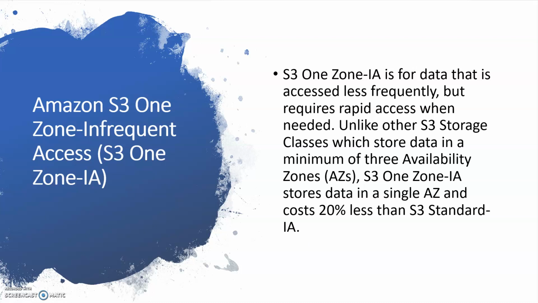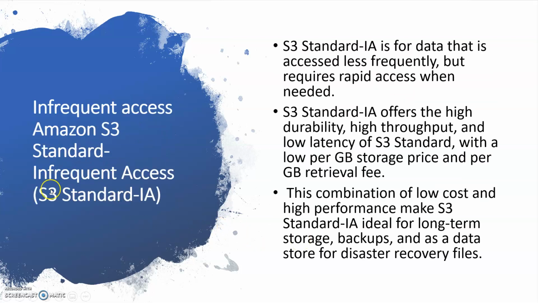Now Amazon S3 One Zone-Infrequent Access is also the same as Amazon S3 Standard-Infrequent Access. The only difference is that in S3 Standard-IA, your data is spread across three availability zones, so even if one availability zone is completely destroyed by a natural disaster, you can still recover your data.